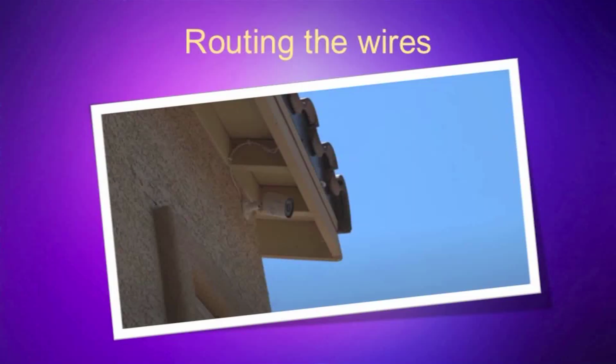Now, a very important aspect in CCTV installation is the routing of the wires, how the wires are routed from the CCTV camera to the NVR location. From the NVR, it can be directly connected to the screen for viewing the images and the videos. However, routing these wires plays a crucial role not only in the visual aspect, that is how the wiring looks, but also in the length of the wire.